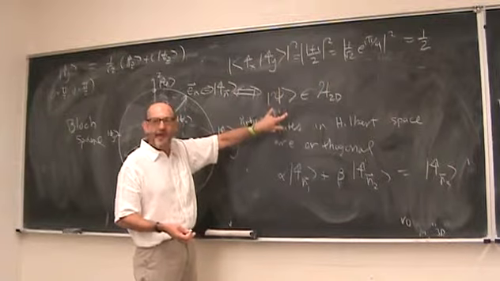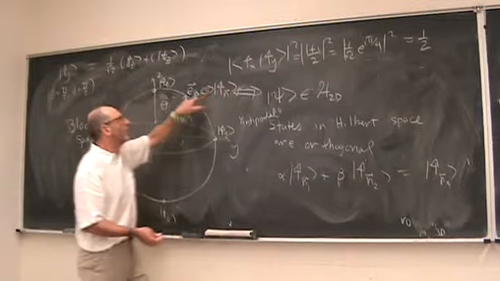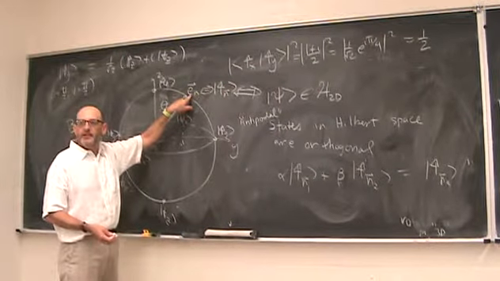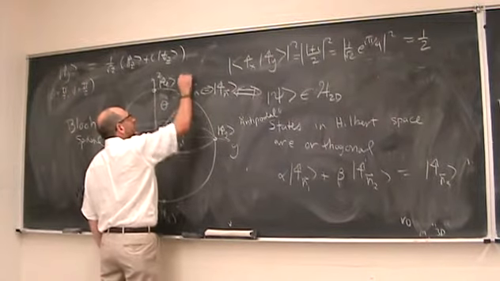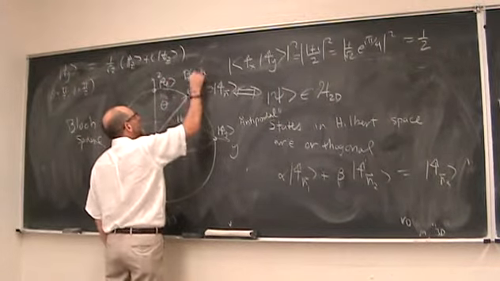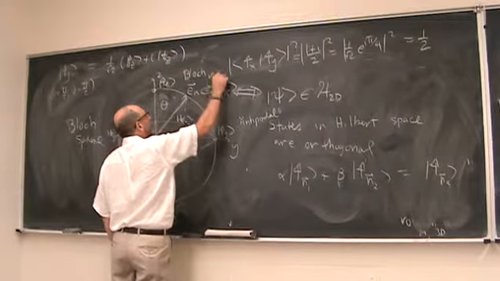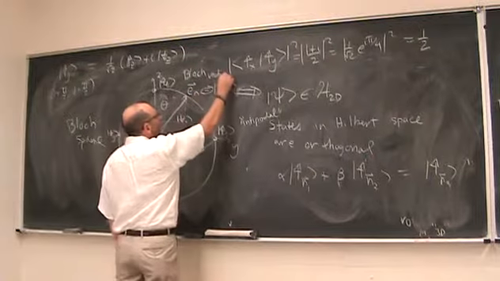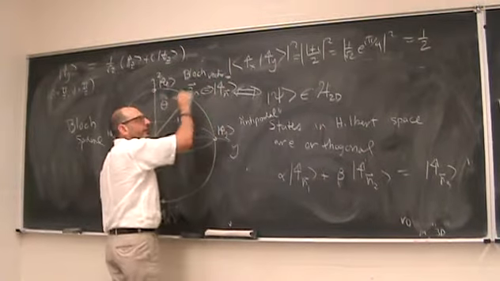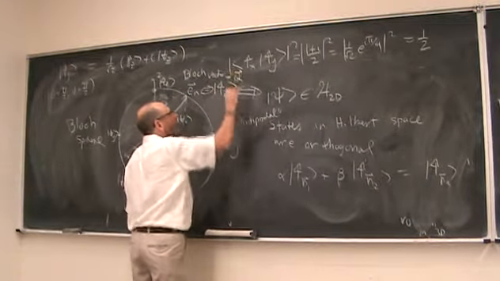Up to an overall phase, this is in one-to-one correspondence with the direction in space. And that vector is known as the Bloch vector, which in this class, instead of e sub n, because we're not necessarily going to talk only about unit vectors, we'll call Q.